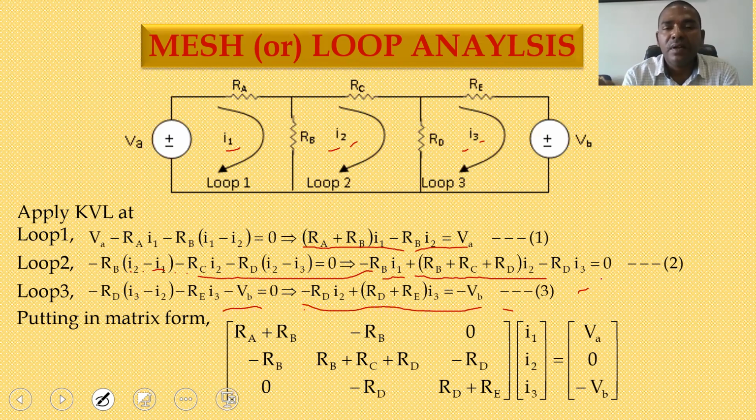If you put the three equations in matrix form, we get the matrix with rows: RA plus RB, minus RB, 0; minus RB, plus RC plus RD, minus RD; 0, minus RD, plus RE. The unknown currents are I1, I2, I3, and the right-hand side is VA, 0, minus VB.